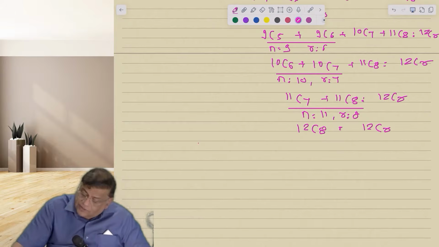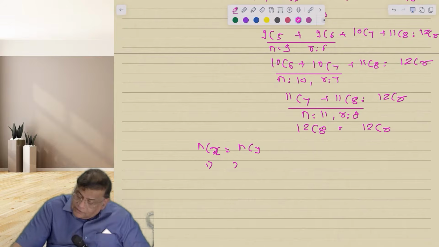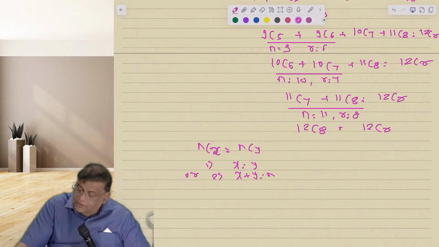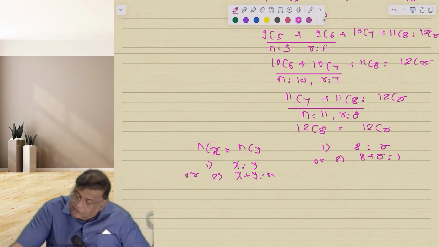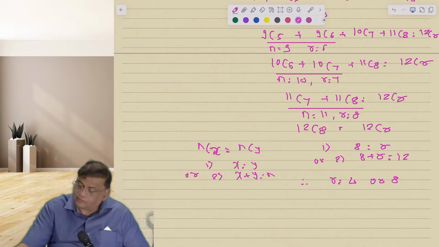Now I use that result that if nCx is equal to nCy, then either x is equal to y, or then x plus y is equal to n. So either 8 is equal to r, or then 8 plus r should be 12, and therefore I end up with r being 4 or 8.